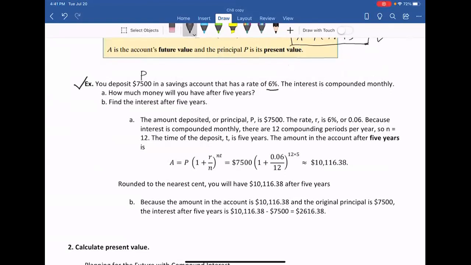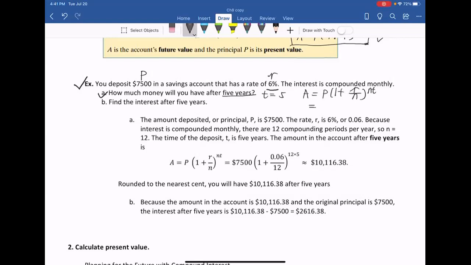So they provide us the P and the R. In the question, how much money will you have after 5 years? So T is 5. Use the formula A equals P times 1 plus R over N to the NT power. So plug in all the information, find the future money after 5 years.